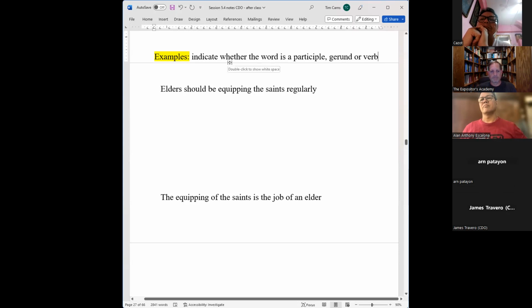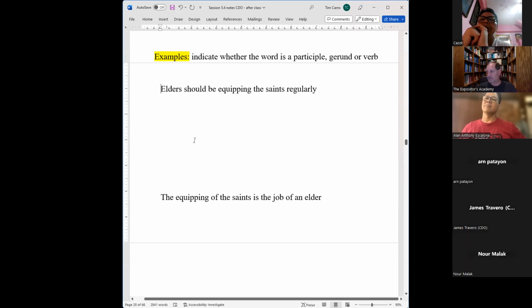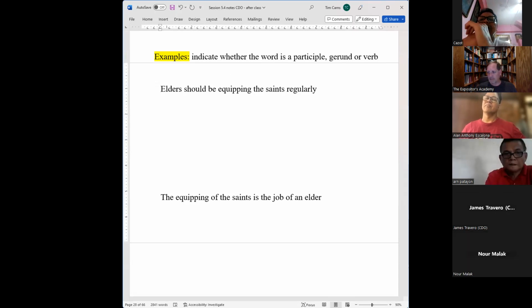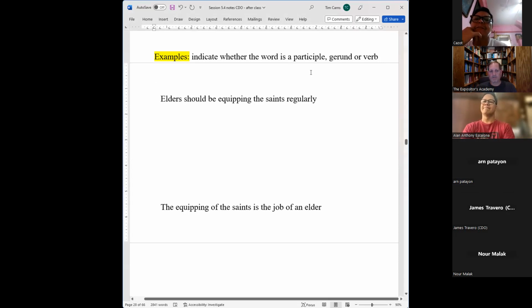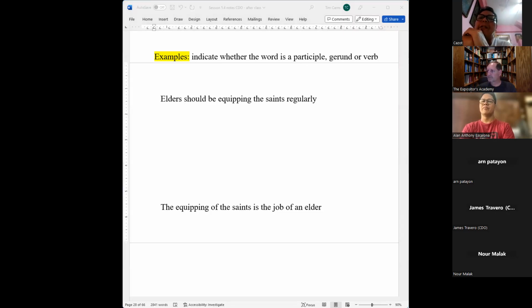Let me start with Kazot on this one. Just read the sentence and tell me what the word that looks like a participle is, and whether it's acting like a participle. Elders should be equipping the saints regularly.